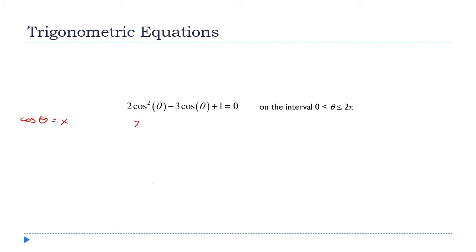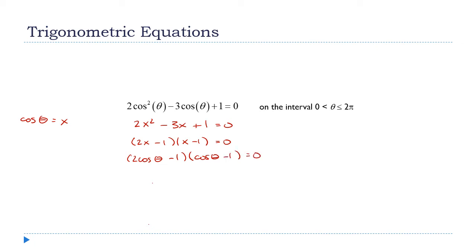Then this becomes 2x squared minus 3x plus 1 equals 0, and that factors. This is 2x minus 1 times x minus 1. Now let's put the cosine theta back. This is 2 cosine theta minus 1 times cosine theta minus 1 equals 0.